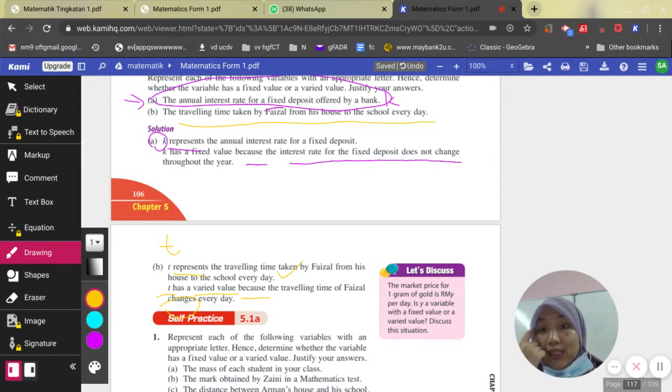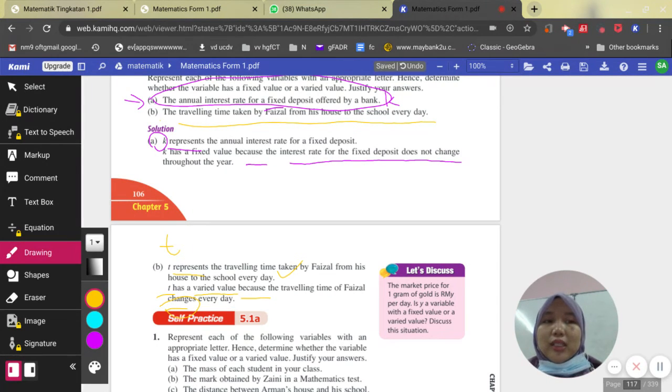Kalau dia fix, because does not change, tapi kalau dia varied value, because it changes. Kenapa pergi sekolah ni waktu dia varied value? Sebab mungkin kadang-kadang kita jam, kadang-kadang kita lambat keluar rumah. So itu maksud dia, dia varied value.